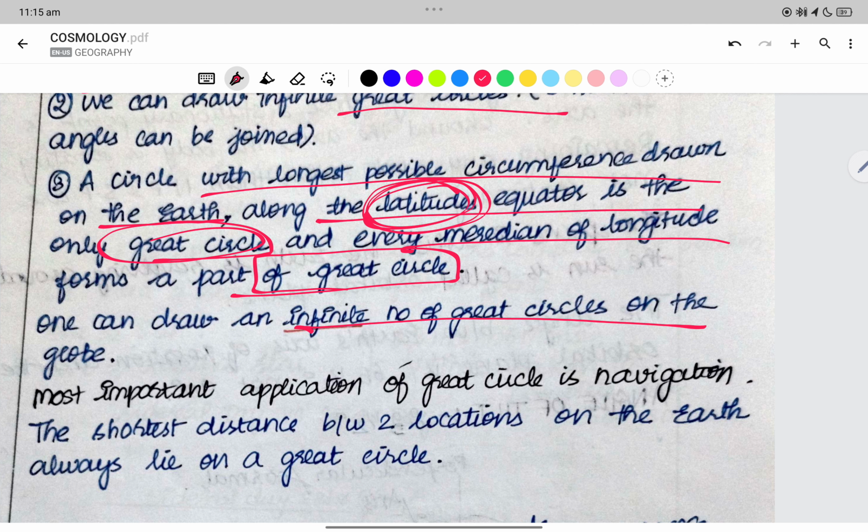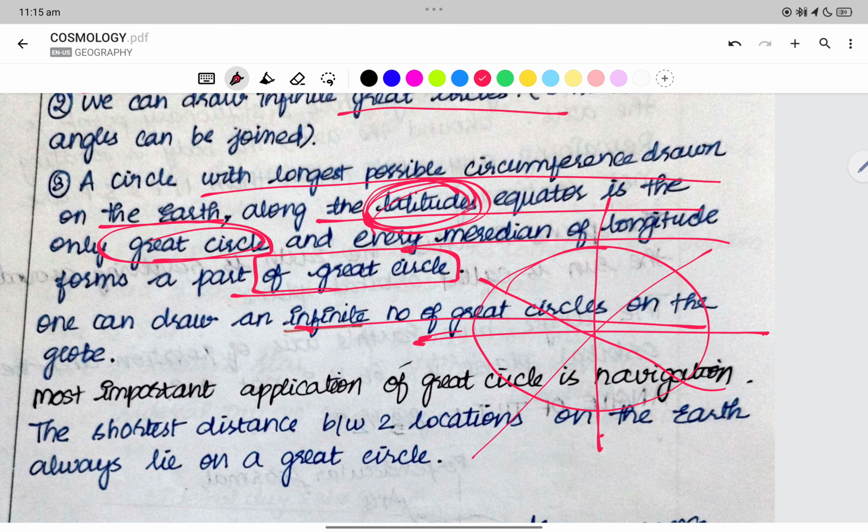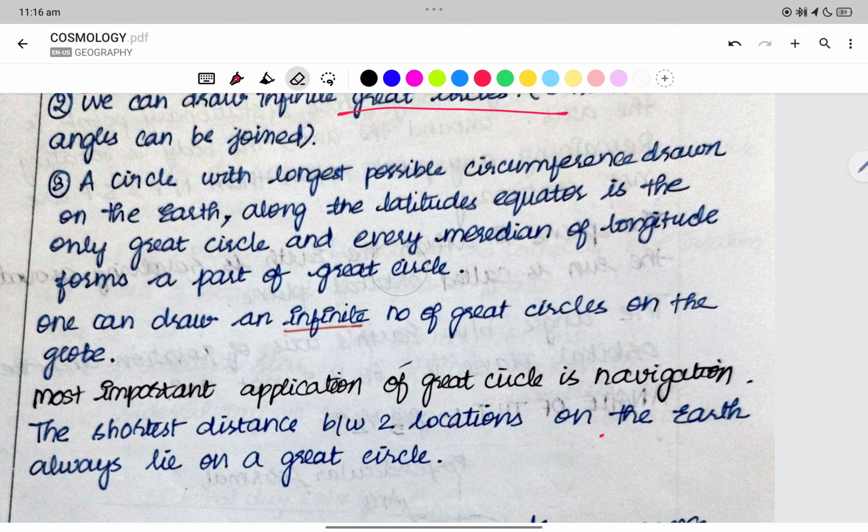With respect to latitudes, we have only the equator, right? Anywhere you can cut the earth into half, so there are infinite great circles, but along the latitudes we have only one, the equator.